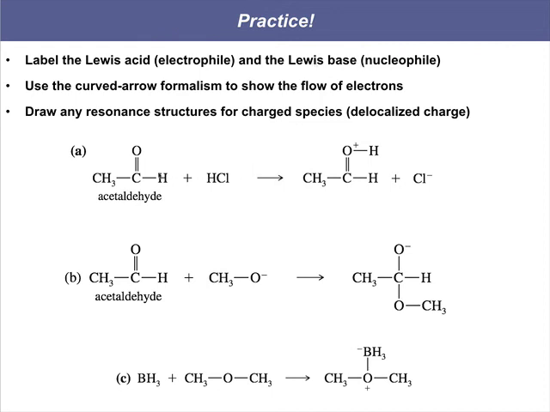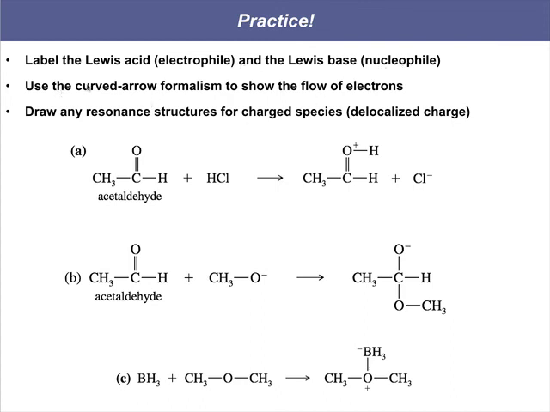Like we did before, look at what is changing. Try to identify what bonds are being formed, what bonds are being broken, and try to figure out how those bonds are being formed and broken. Where are the electrons coming from? That'll help you figure out where the Lewis acid is and where the Lewis base is.